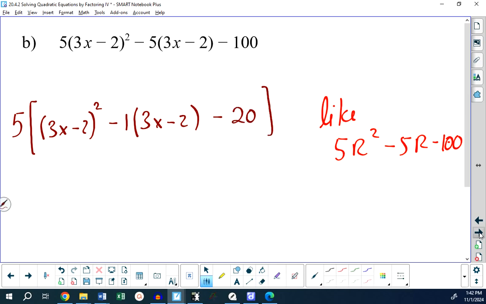I like the big brackets here because otherwise I have round bracket, round bracket. Now we can factor that quadratic. We need to put a 3x minus 2 here and a 3x minus 2 here.